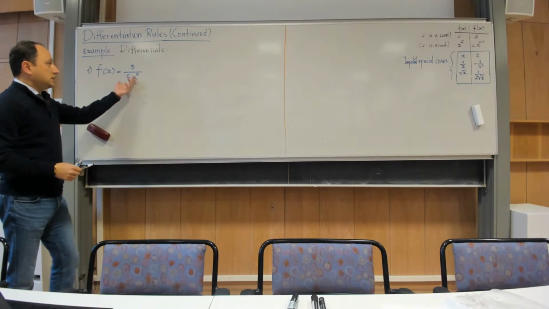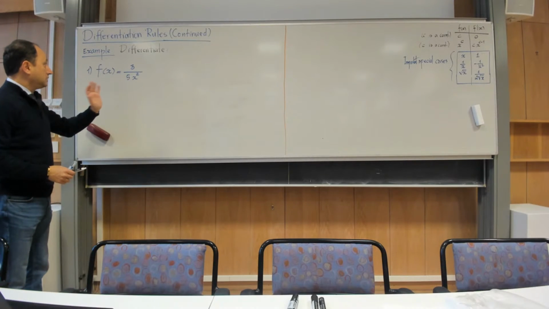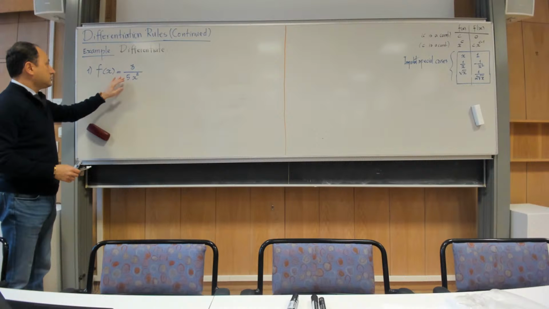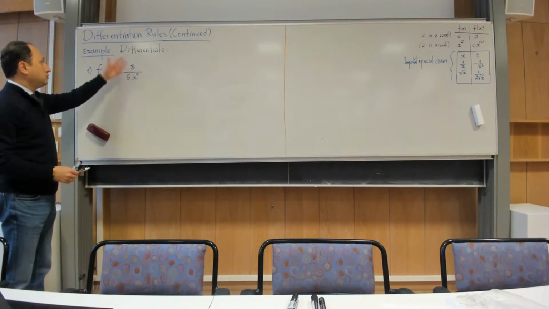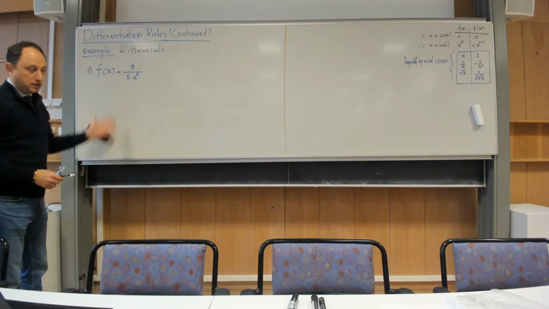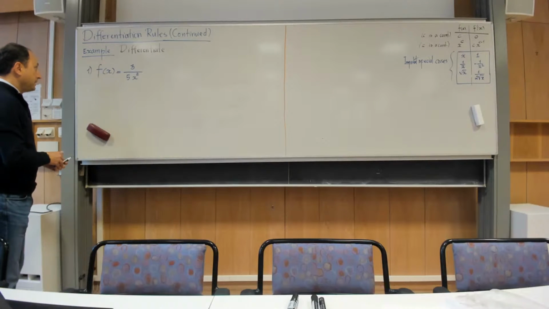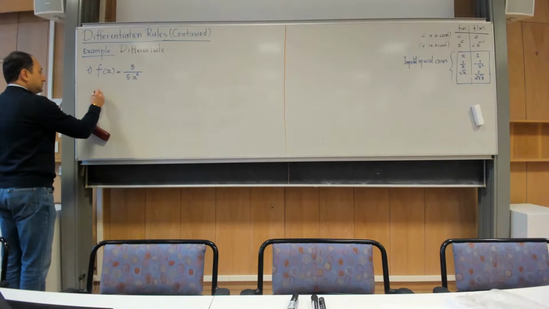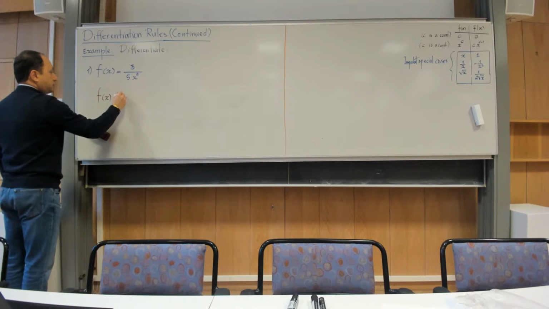This function is not in my table, so my duty is to reduce the form of this function into that form and combine it with these rules: the sum rule, the difference rule, and that simple product rule. So what should I do here? The first thing you need to do is write 3 here, and then x to the 2 goes up.